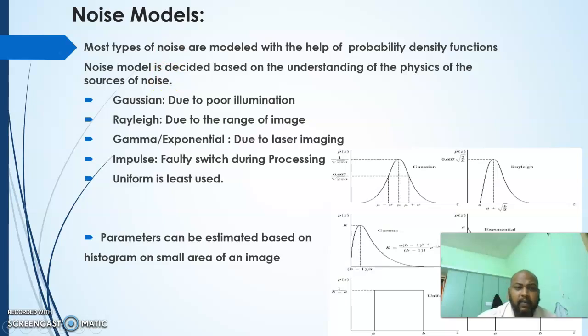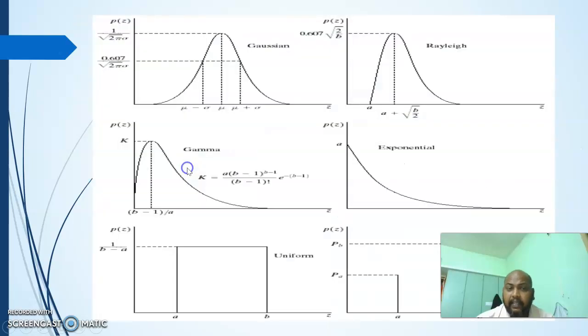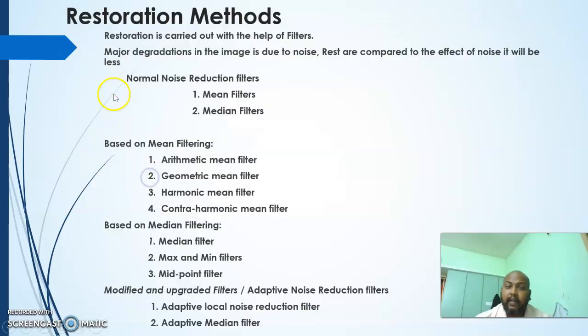The noises are modeled with the help of probability density functions, and we can classify them: Gaussian due to poor illumination, Rayleigh due to range imaging, gamma due to laser imaging exposure, impulse due to a faulty switch during processing. Like this, we can classify the degradations with the noise models.